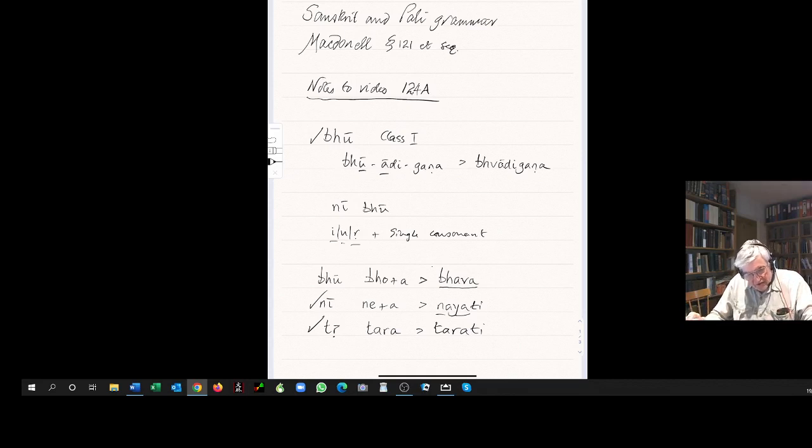Whereas if it's unstressed, if the stress falls on the ending, it will not gunate. That's where you get tud, you get mud, modati, stress on the mud, but tud, tudati, not todati, because in Vedic the stress fell on the final syllable.